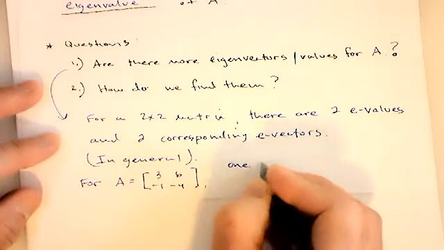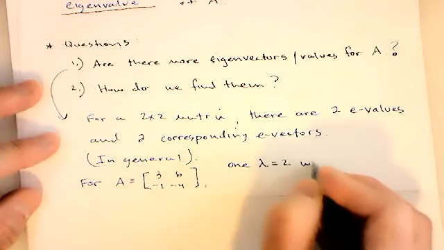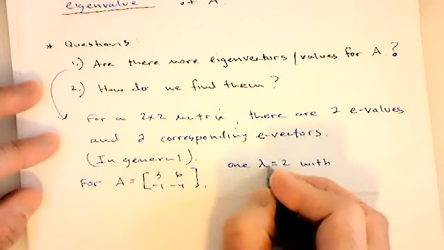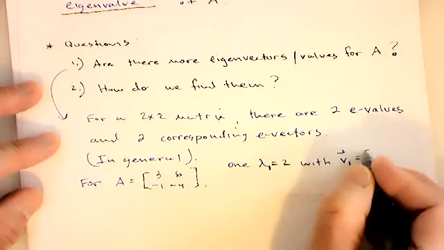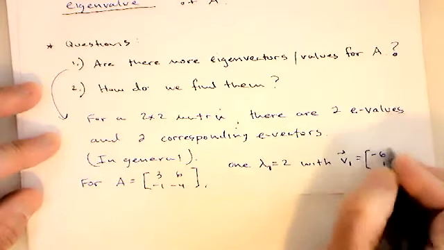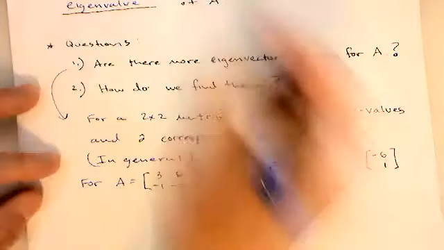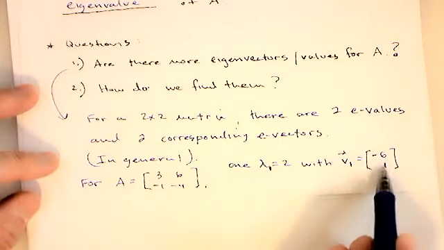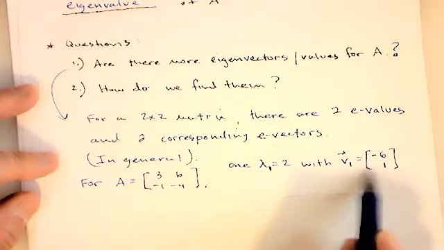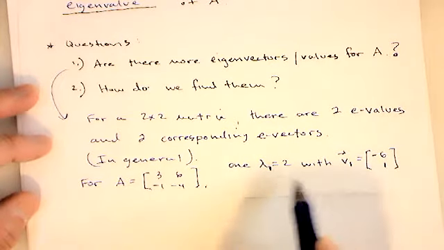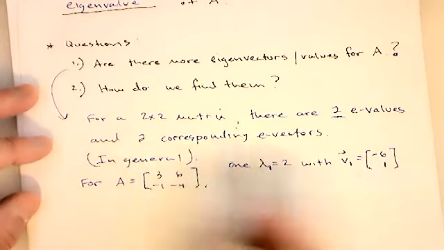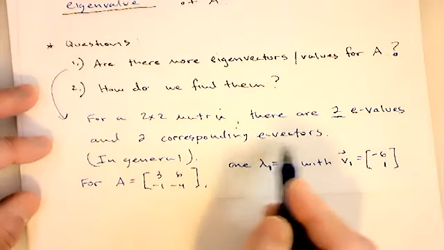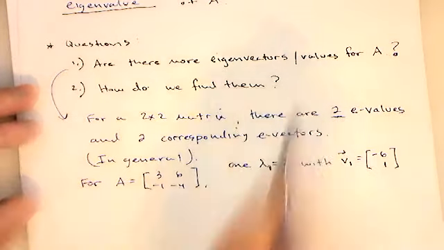One eigenvalue is 2, and since we know there's going to be 2, we're going to call that lambda 1, with eigenvector 1 being the -6, 1 that I started with. We saw up above that when I multiply this matrix times that vector, I end up getting 2 times that vector. So this is an eigenvalue. This is the associated eigenvector. But we know there's 2 eigenvalues, generally speaking, for a 2x2 matrix and another eigenvector. So how do we find those? So now we're on to question 2. How do we find those?